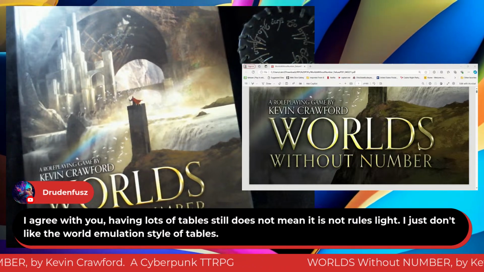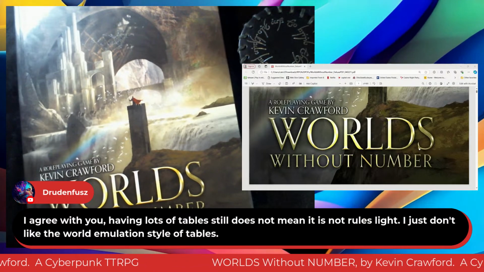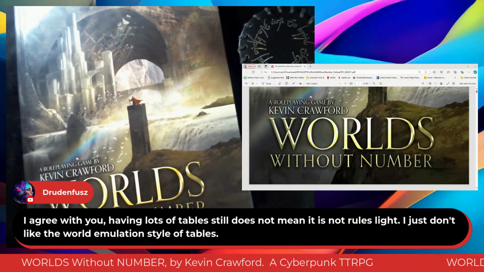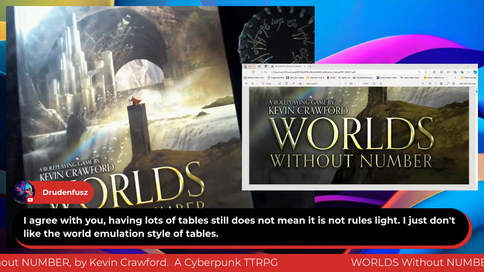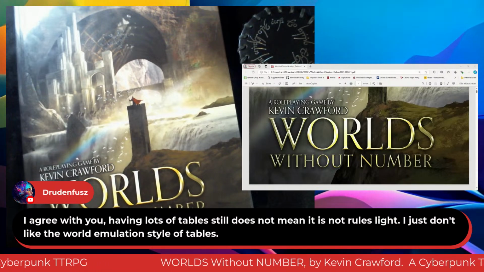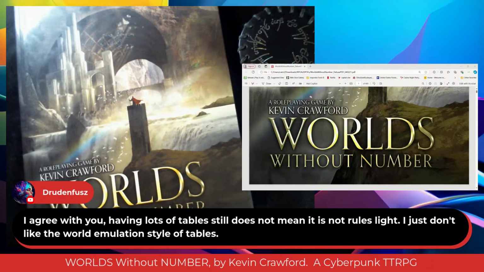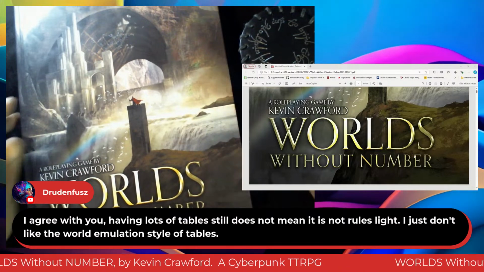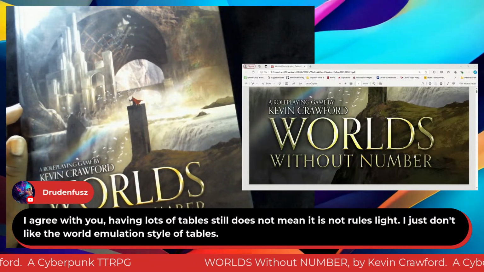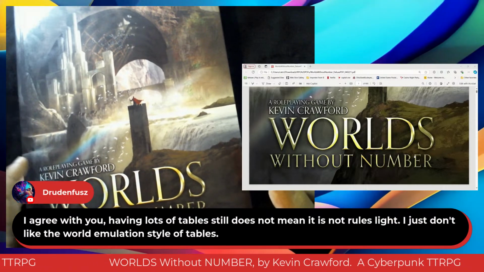But yeah, and also I think we need to have other terminology for rules light, rules heavy, because to me, random tables don't count when it comes to rules, right? To me, those randomizations are just tools. It's not like it's a rule that applies to random tables.